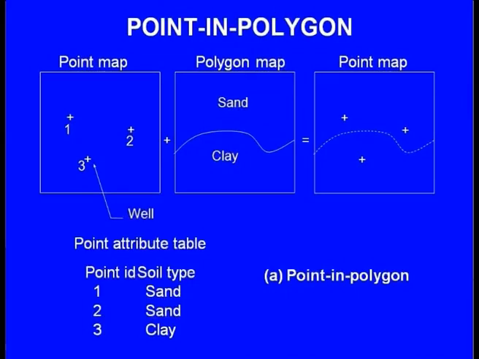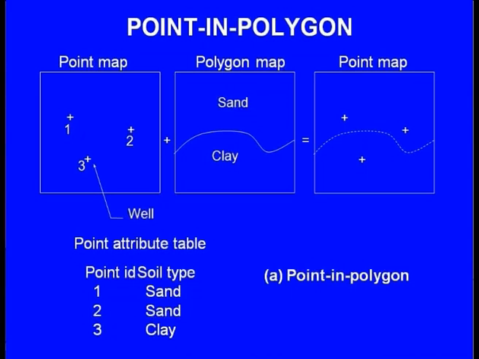So, here we can see that there are three wells, located as points. We have the soil map, which is a polygon map, and it shows two categories of soil, sand and clay. When we undertake this point in polygon overlay, it tells me that wells number 1 and 2 are located within sandy soils, whereas well number 3 is located within clay type of soil.